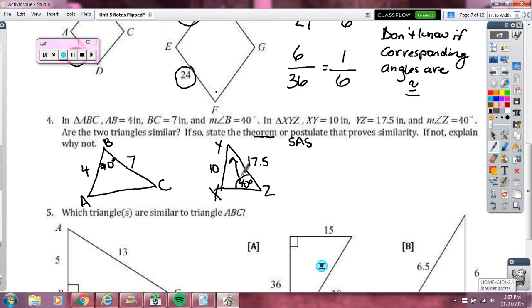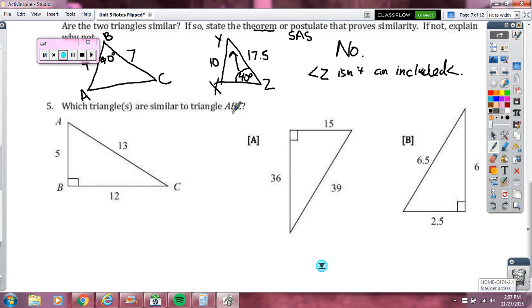I don't have enough to use SSS, and I also don't have enough to use AA, so this is going to be no, angle Z isn't an included angle.